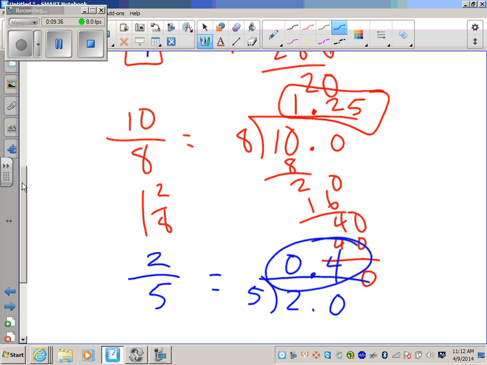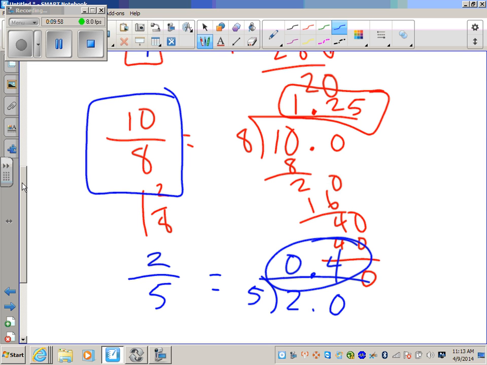This one here? This is not less than 1 whole because my top number is bigger than the bottom one. It's improper. And like I said, if I were changing this into a mixed number, it would be 1 and 2/8.